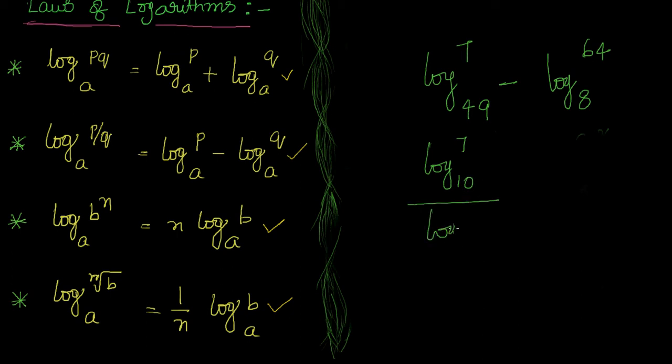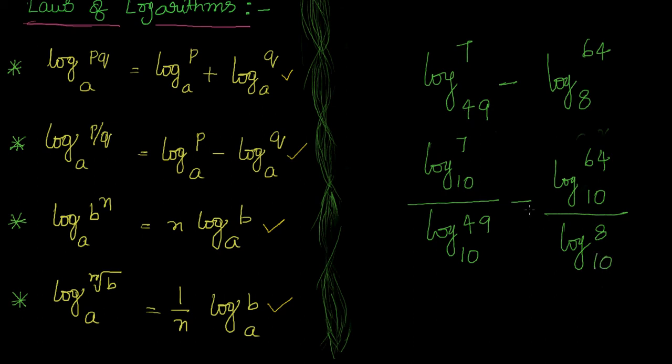This is nothing but equal to log of 49 to the base 10 minus log of 64 to the base 10, divided by log of 8 to the base 10. If you see here, what I am doing is, if the base is not 10, then you can convert this logarithm into base 10, where you have exponent as exponent and also your base is also exponent.